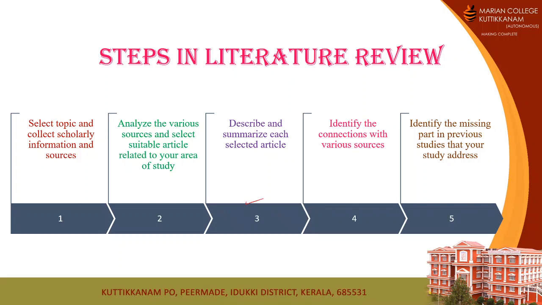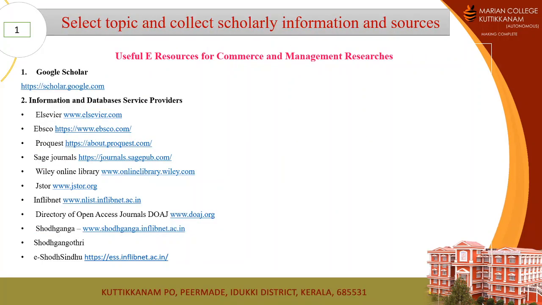And then you need to describe and summarize each selected article. Then you need to identify the connections with various sources, and finally you need to identify the missing part, that means the research gap in previous studies that your study is going to address. So we will see each step in detail.